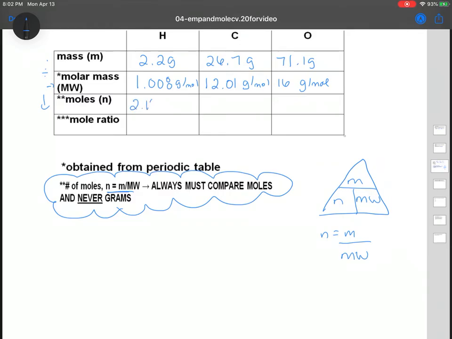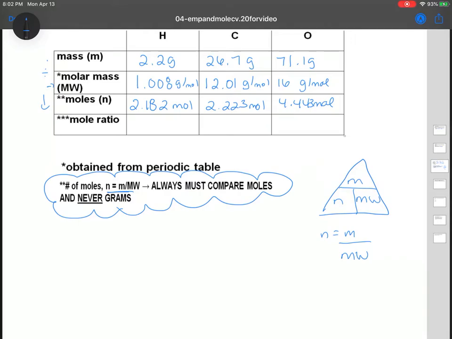That gives you the answer. Isn't that nice? Okay. So 2.182 moles, 2.223 moles, and 4.443 moles. Okay, so now these quantities as a mole amount actually look similar.